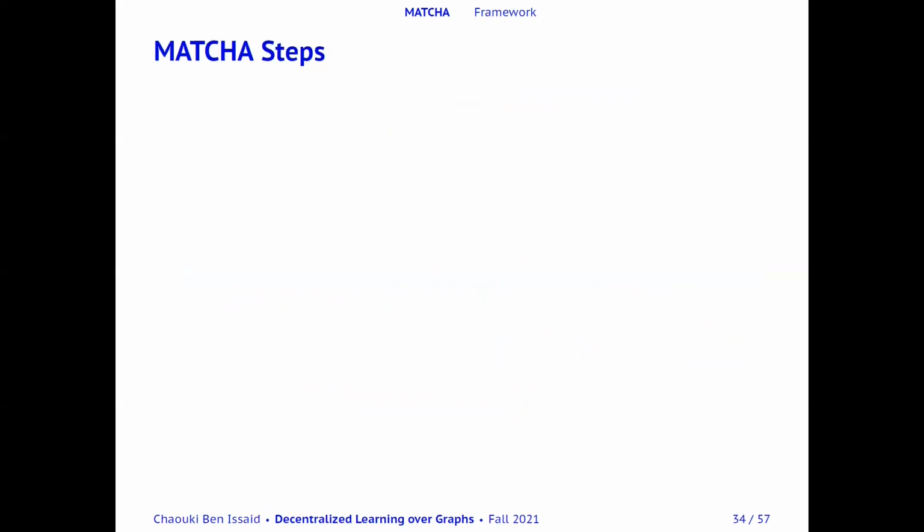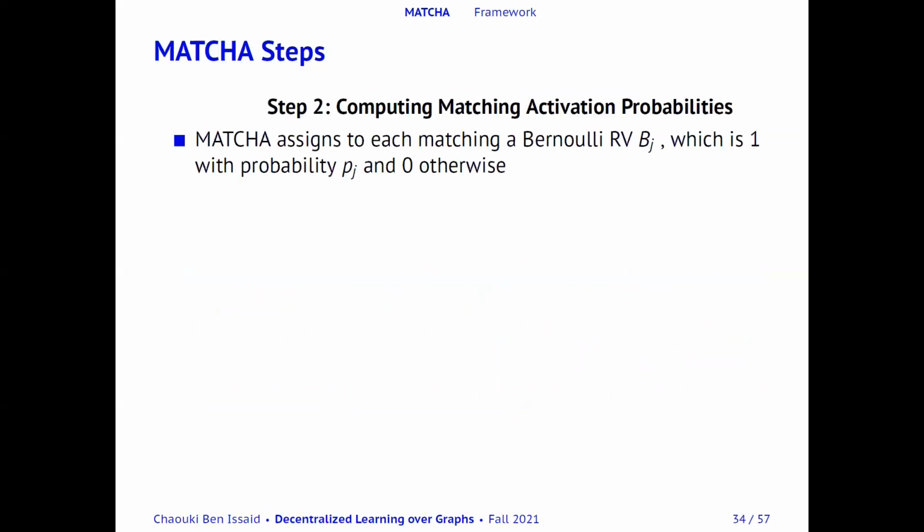The second step is to compute the matching probabilities. In order to control the total communication time per iteration, Matcha assigns an independent Bernoulli random variable B_g, which is equal to 1 with probability p_g and 0 otherwise.